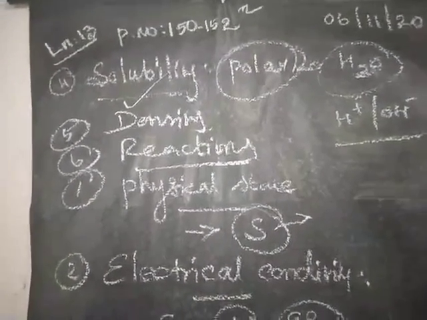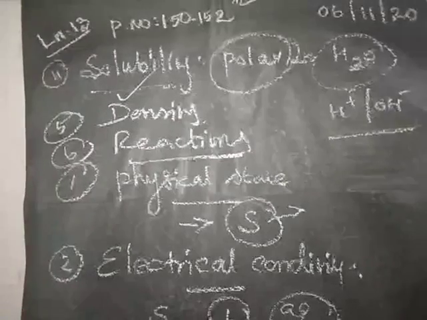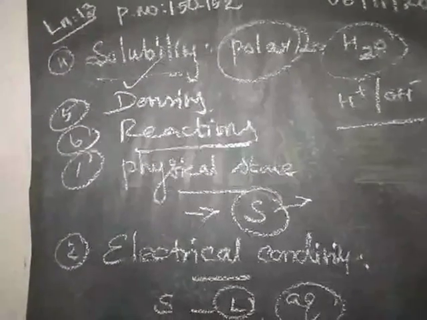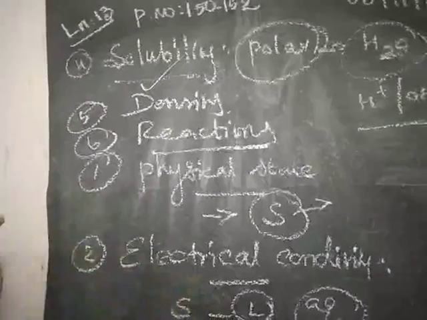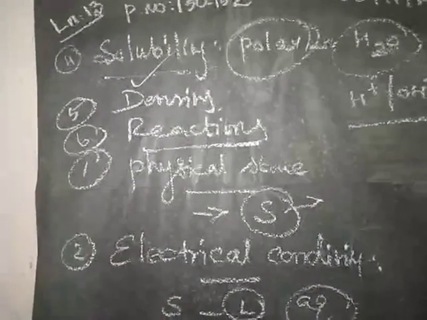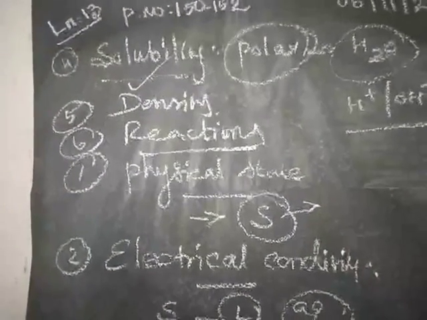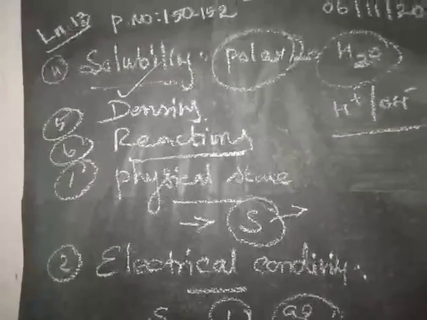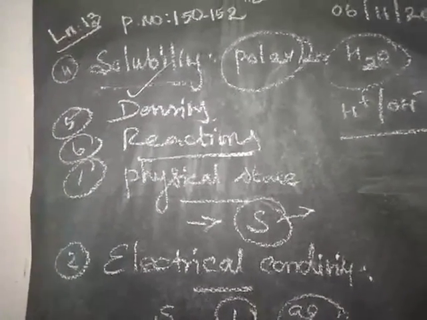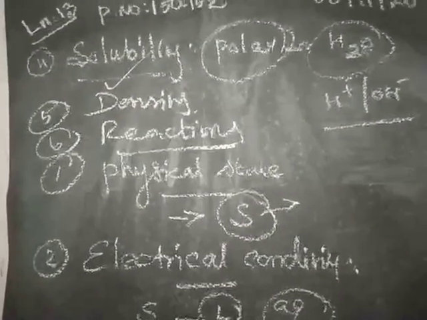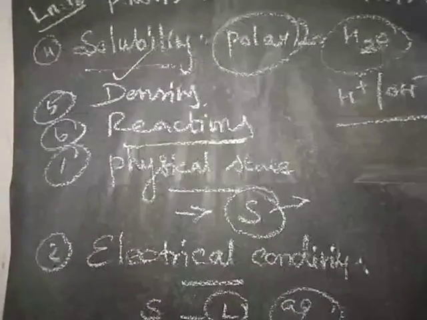Continuous question numbers should be given. The next question: explain the characteristics of ionic compounds, or list out the characteristics of ionic compounds. Total 2 questions for today.